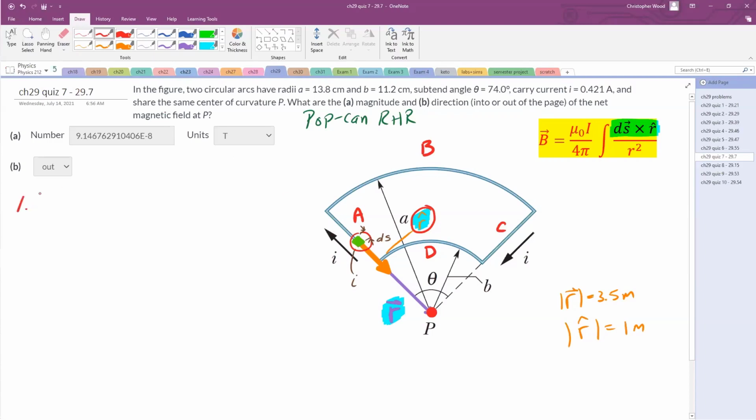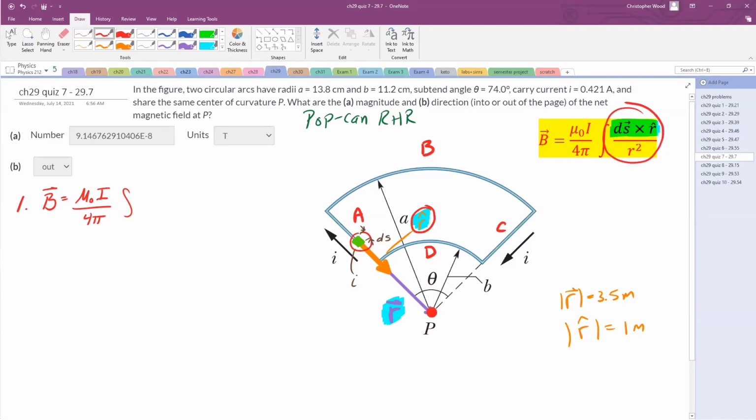So number one, I'll start. The magnetic field at point P is equal to mu naught, the permeability of free space, times the current going through this wire element, over 4 pi, integral of this. Now here's where I'm going to go to magnitude angle format.